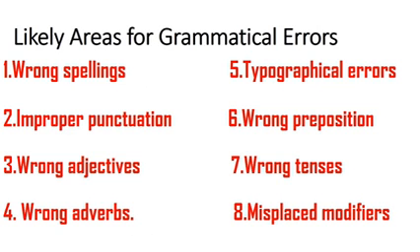Next, we consider areas we are likely to encounter errors when we speak. In our spellings, that's wrong spellings, improper punctuations when we cannot punctuate properly, in wrong adjectives, not describing correctly, wrong adverbs, not stating when, how, or where something has happened properly.